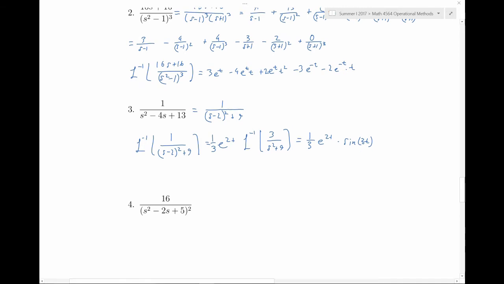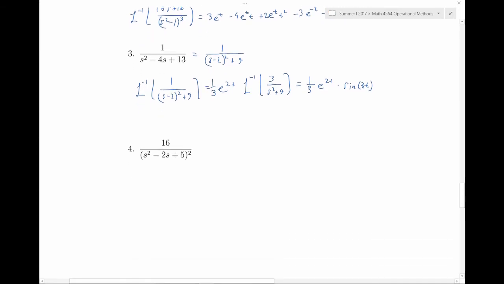The last case is the one that's most complicated. Here again, first let's take out the shift. To do that, we first have to complete the squares. When I complete the squares, I get s minus 1 squared plus 4, and the whole thing is squared.